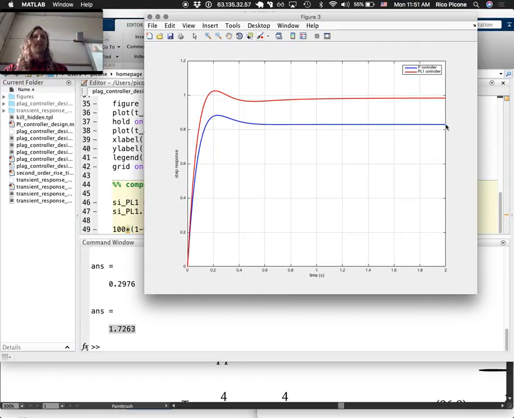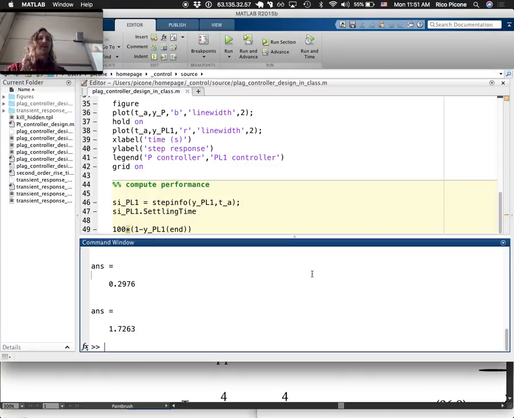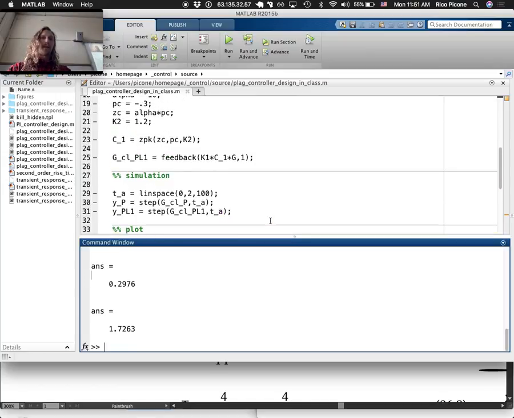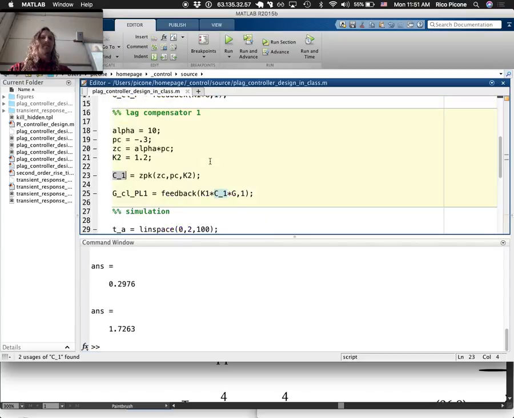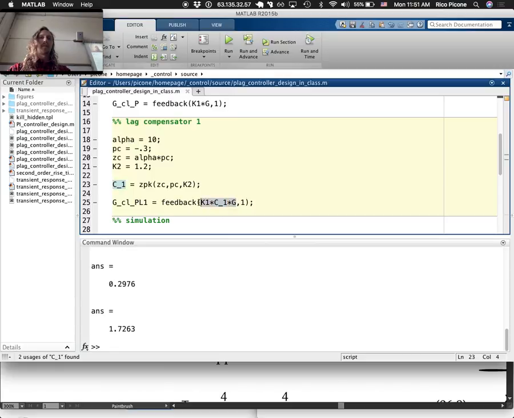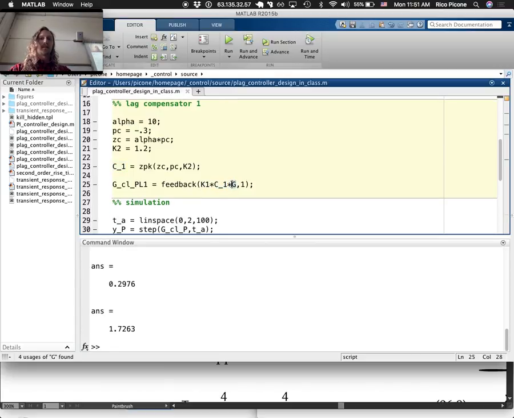Now notice that we still have steady state error, right? We knew that going in. We were going to have some finite steady state error. We were just going for a reduction of a factor of 10. So if we wanted to print out our final controller, we would look at this compensator, and we would have to scale it by K2, right?